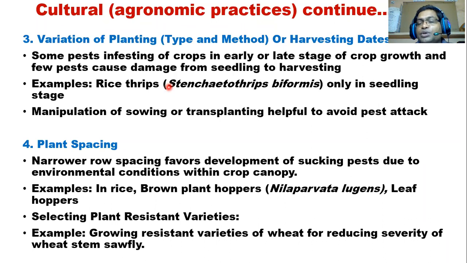So what you can do is, before the onset of rain or before the hot season, one month ahead, you can start transplanting the chili. Before the closing of the monsoon rain, if you are transplanting, then you will wash off the thrips and the plant will grow very fast.